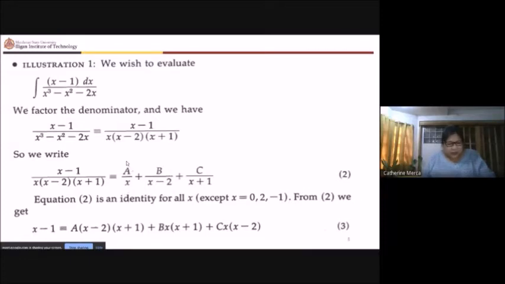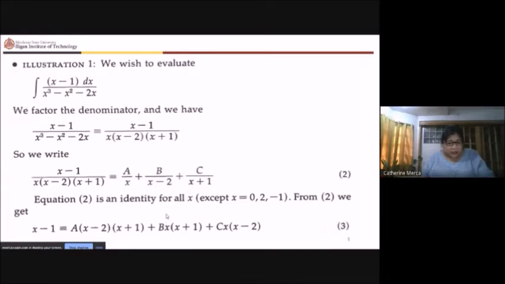So you write down the big letters here under each factor, one each. So a over x plus b over x minus 2, the other factor, plus, okay, you have c over x plus 1.